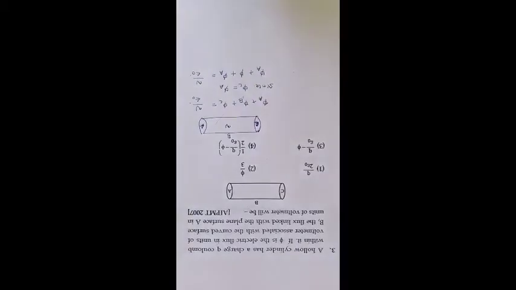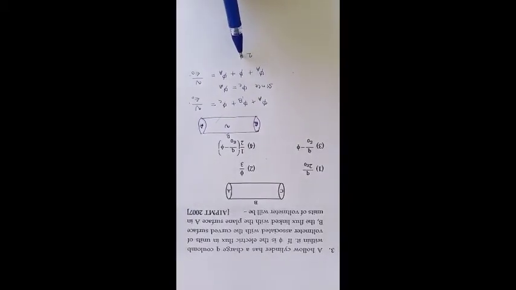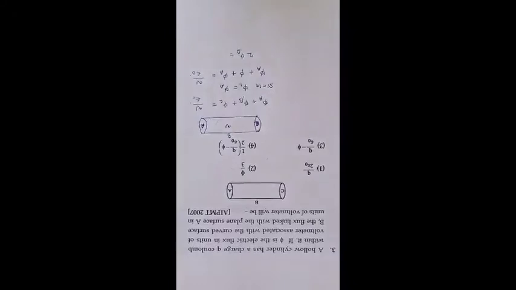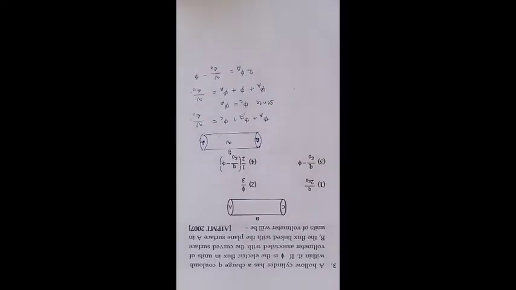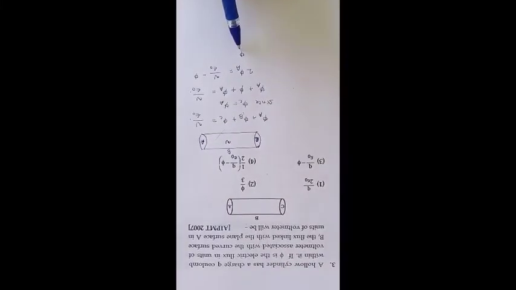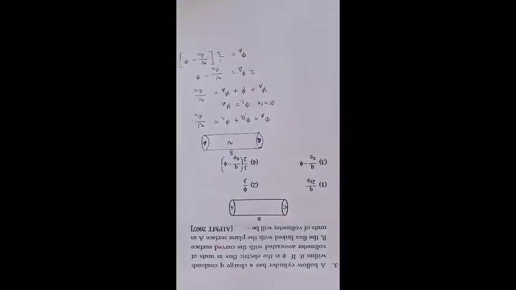You bring this phi 1 to this side, so 2 phi A is equal to Q by epsilon naught minus phi 1. Then phi A is equal to 1 by 2 into Q by epsilon naught minus phi 1.